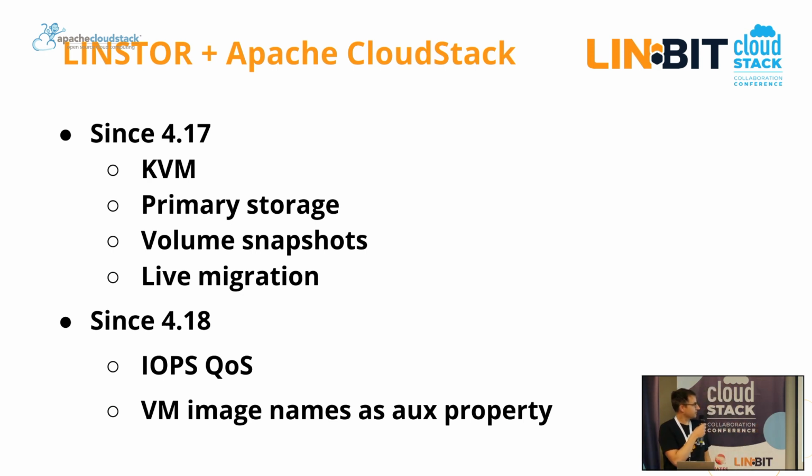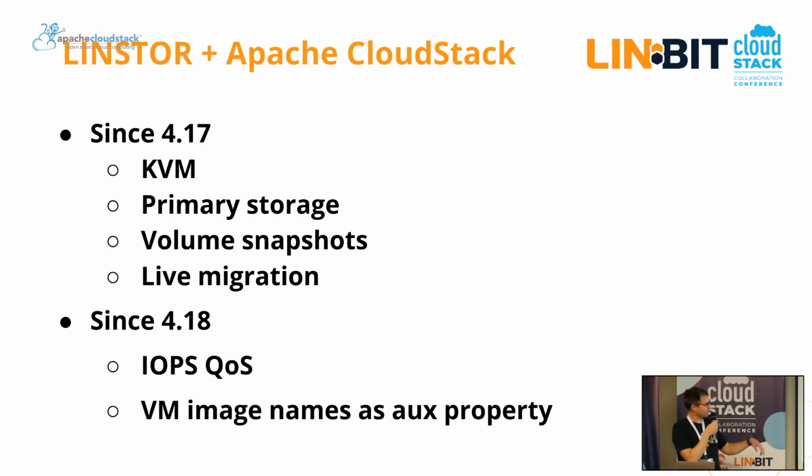Then since 4.18, we added support for IOPS quality of service. So you can define when you create your primary storage how much IOPS your storage pool or primary storage has, and then the calculation is done by CloudStack when you specify your compute offering.